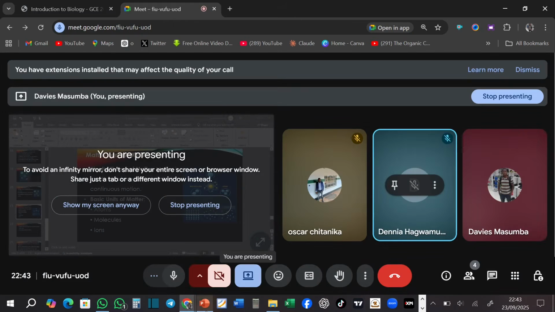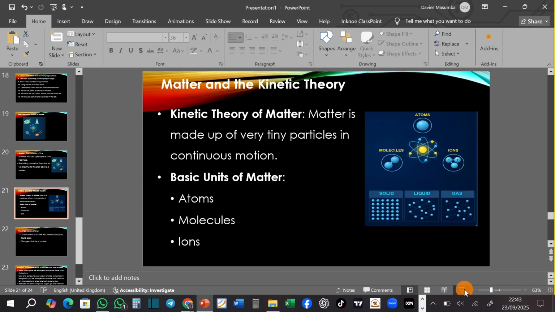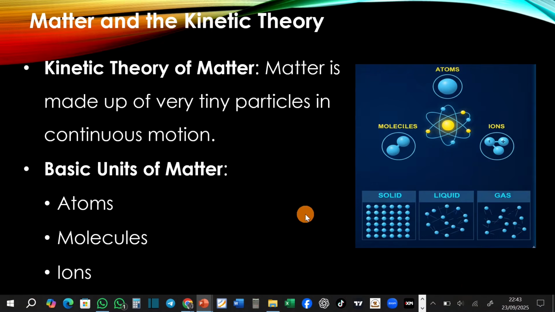So basic units of matter are the units that are building matter. Just like the wall is made up of bricks, imagine the wall is matter. So matter is made up of basic units. What are they? Atoms, molecules, and ions. Now you should be able to answer: the matter around us has tiny particles which make it, and these tiny particles are in continuous motion.